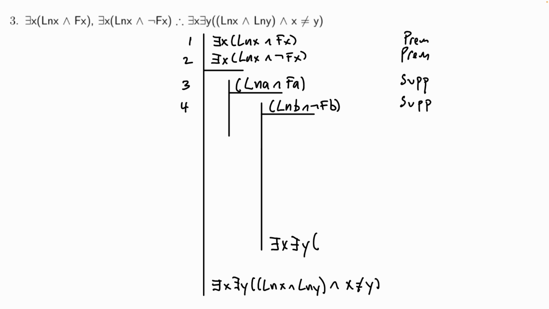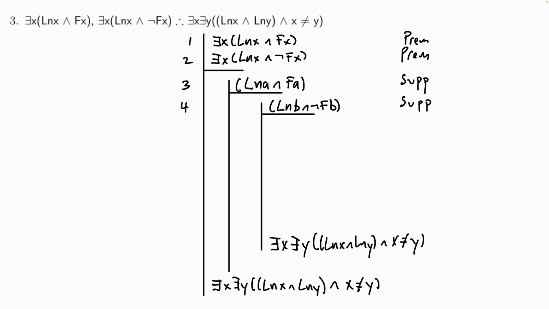Okay, now at the conclusion of this second subproof, we're going to want to derive the ultimate conclusion, and then we're going to use existential elimination to bring this back here once, and then existential elimination again to bring it back here. But for now, let's concentrate on getting it in here. We're going to want to derive something that we can use existential introduction on twice to get to this point.